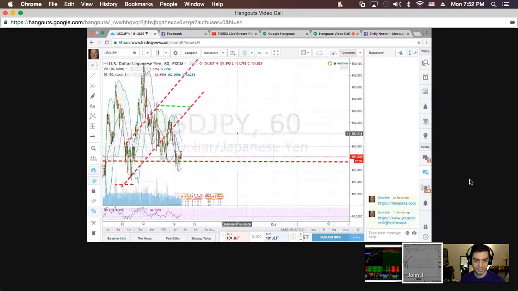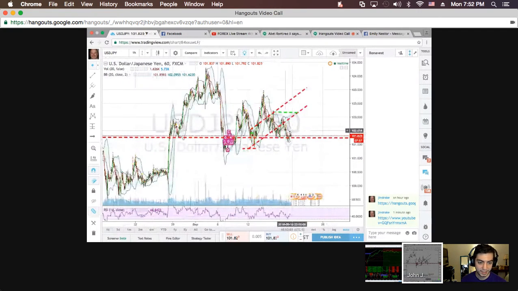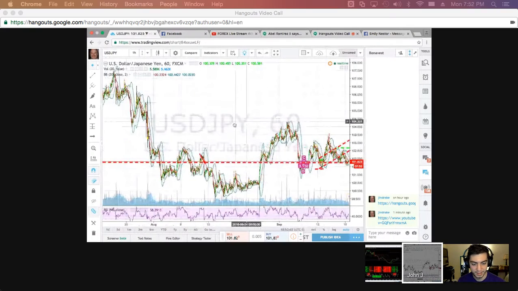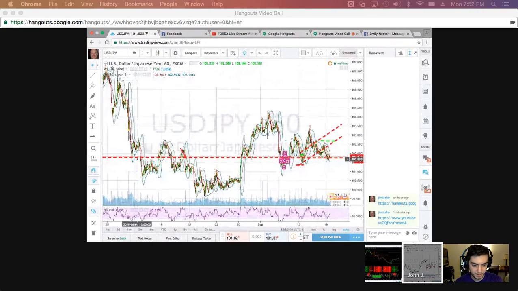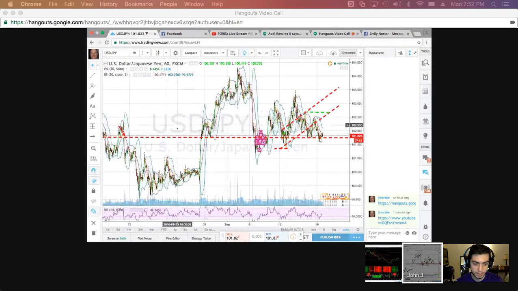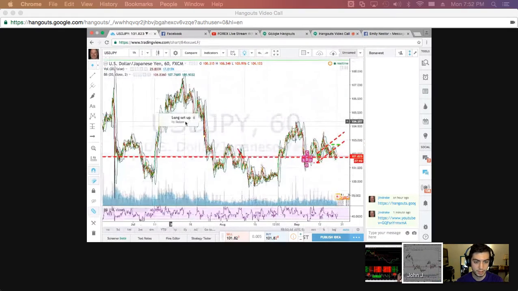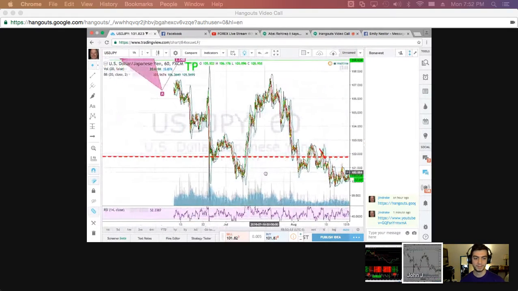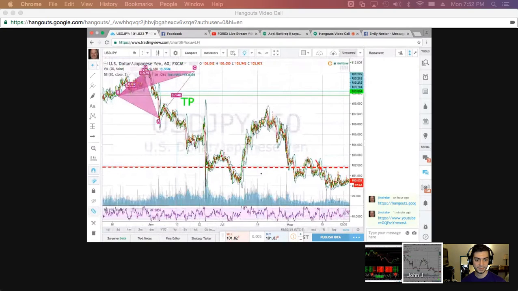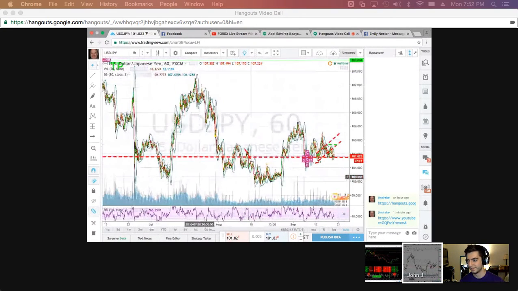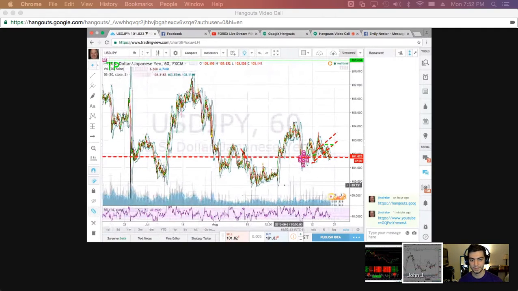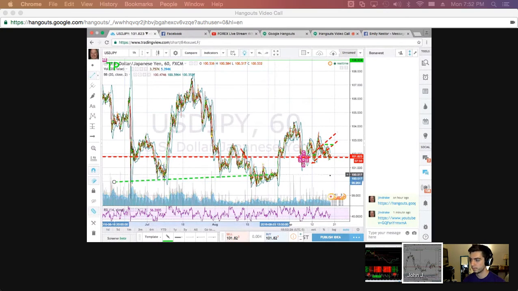All right, so I'm looking at a USD JPY chart too. We got a lot of resistance here. I've got a lot of lines. You can see where the support and resistance are. The more you zoom out, this is back to what Mike was talking about, Dobbs. If I make a line right here, this is the low.